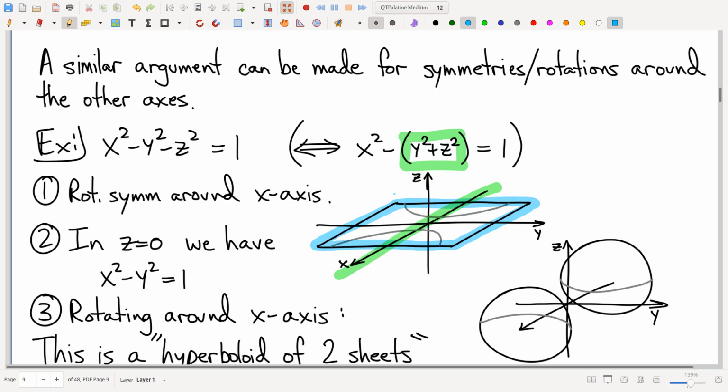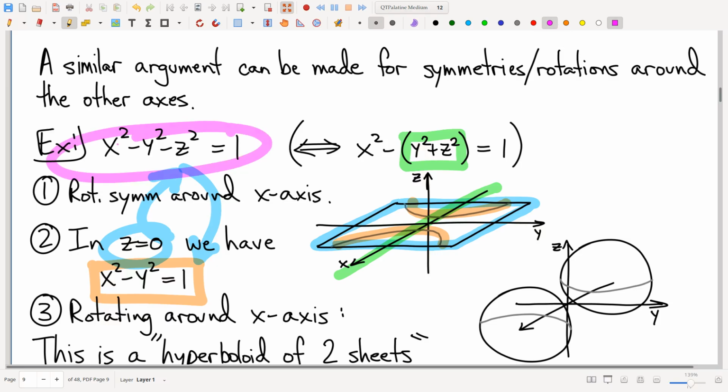So anyway, I'm picking z equals 0, and I can plug z equals 0 into that equation pretty easily. That gives me this, again a hyperbola, again flashbacks to high school algebra. That's your hyperbola. Now you think about what happens when you rotate this curve around that axis.